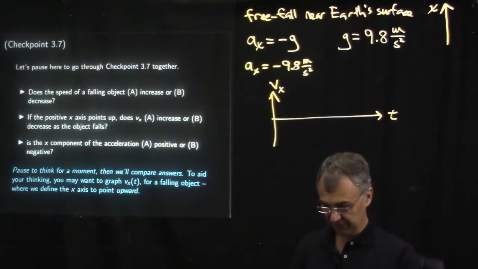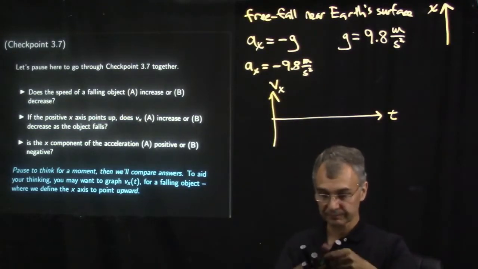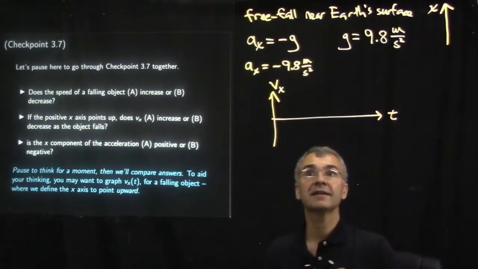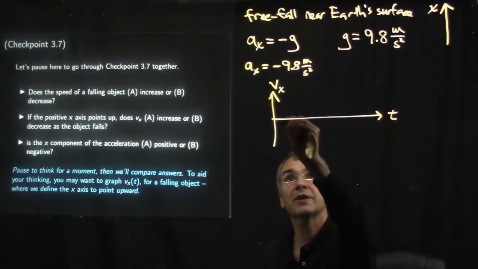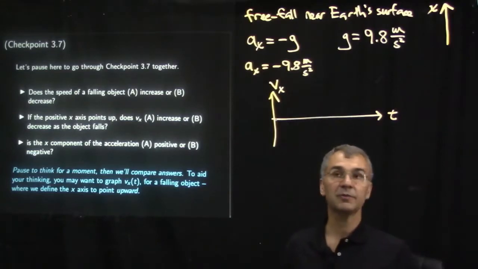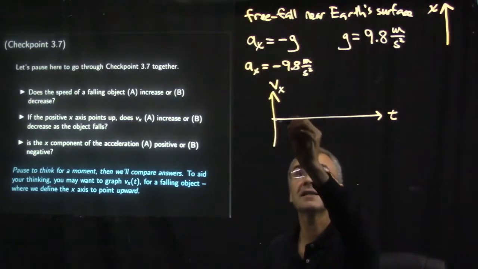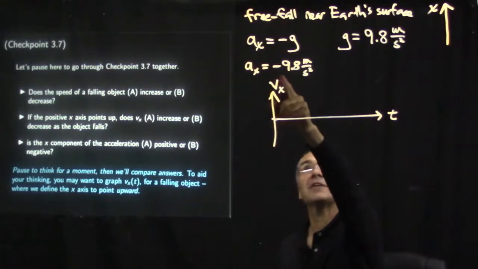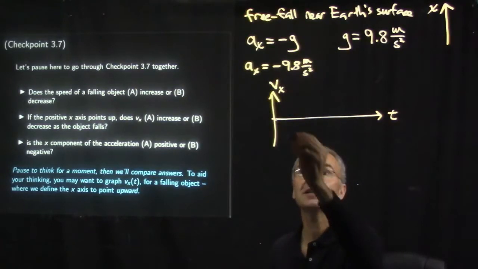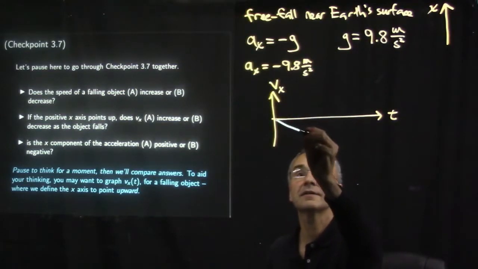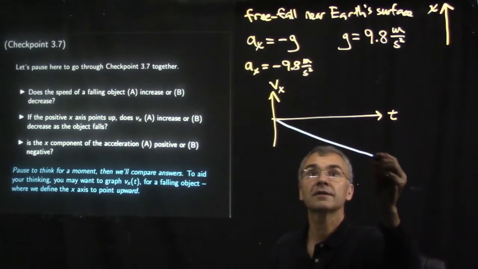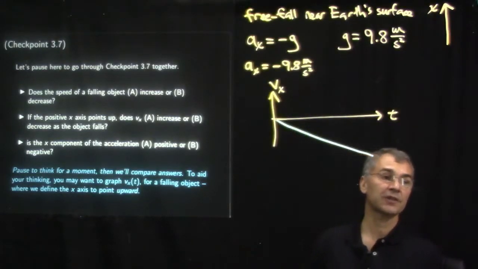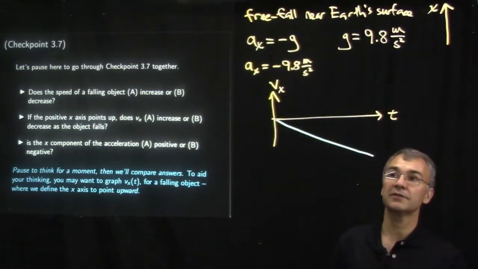Then when I first release it, its speed is 0. And then because a sub x is minus g, v sub x starts out at 0 and then becomes more and more and more negative over time.